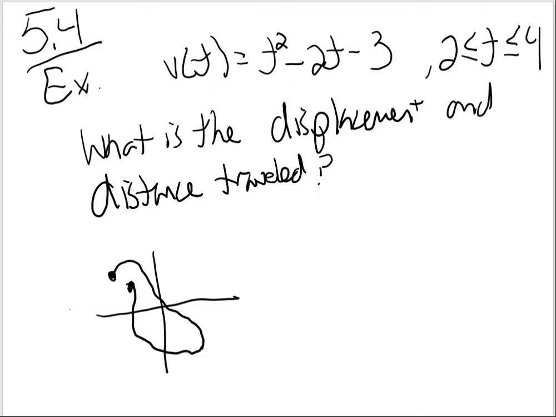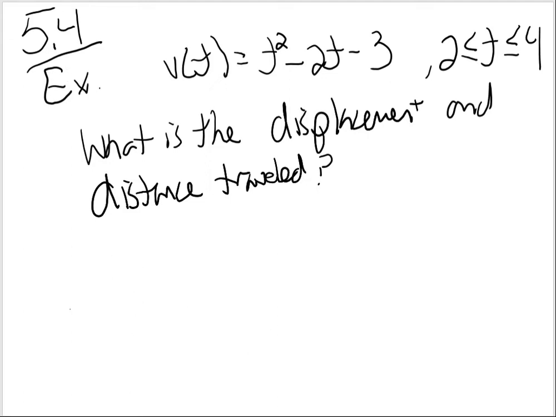Now the displacement is just the change in coordinates. So it's just this little bit. But the distance traveled is the length of this entire path that it took to get there. So those are two different things. How are we going to get one versus the other?